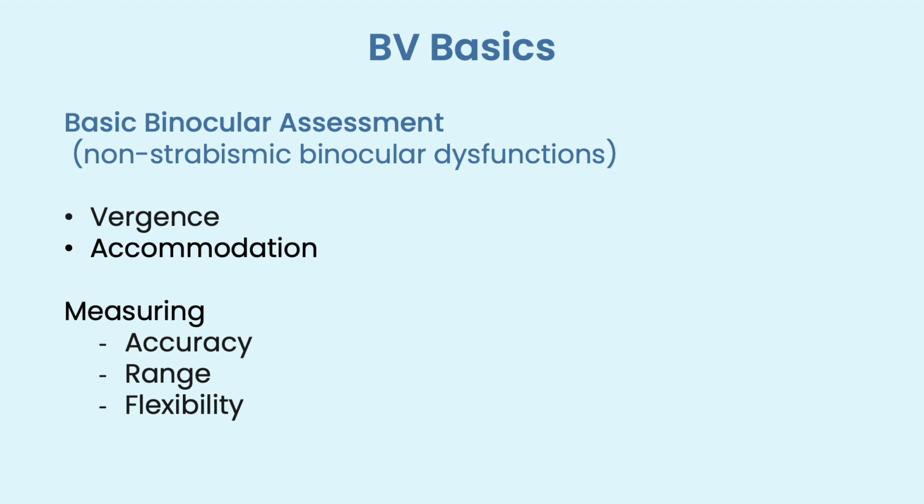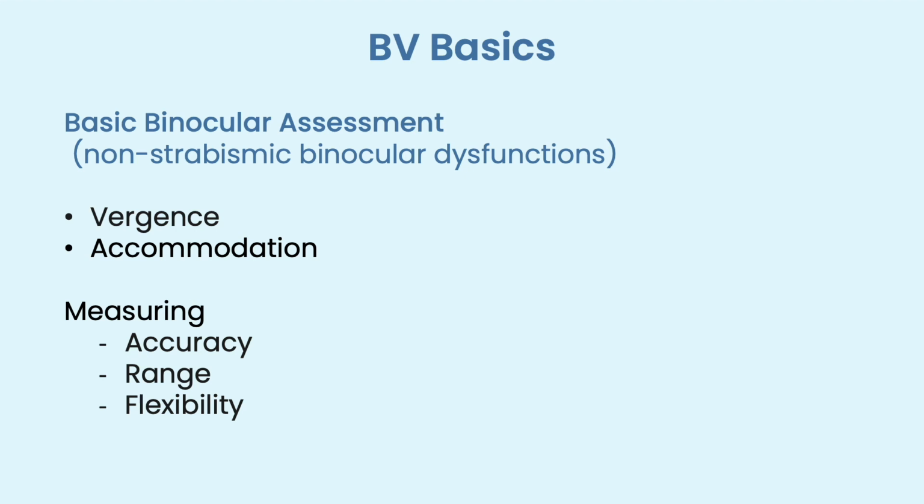And for each of these systems, we want to measure its accuracy, that is, how accurately the visual system is aligned or verged and focused or accommodated onto the target we are looking at. We also want to look at its range. What is the total capacity? How strong is the system?